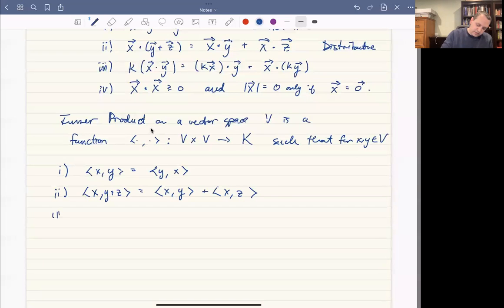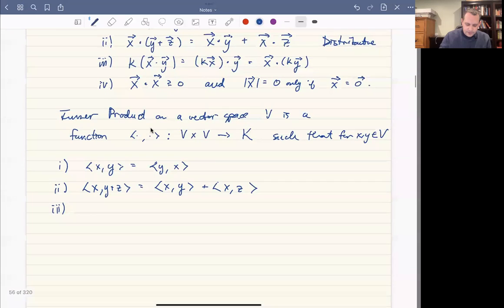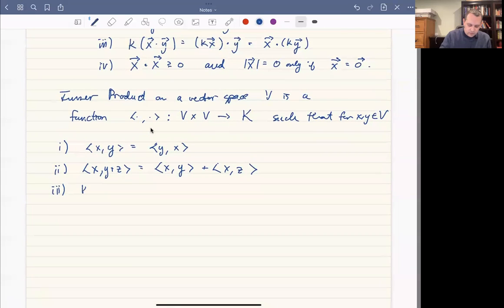So that's kind of like a distributive property. And if you were to have a constant times the inner product of x and y, you could put the constant in the first spot or the second spot. Okay. Here, there's a little bit of an asterisk here.